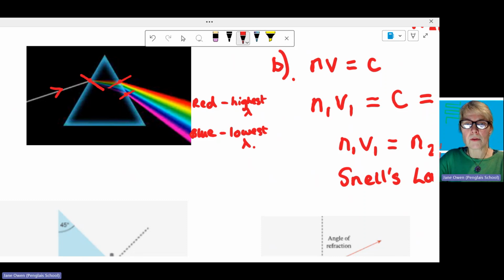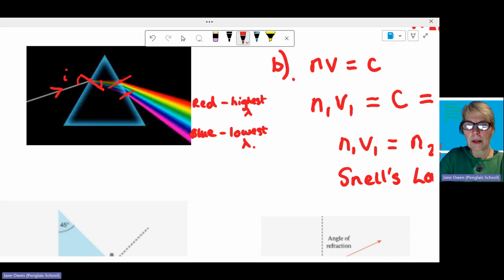If you drew the white light through without splitting it up, remember this is your incident angle with the normal, and it's bending towards the normal. In both cases they're bending towards the normal, but by different amounts, because the speed will be different for the different wavelengths.